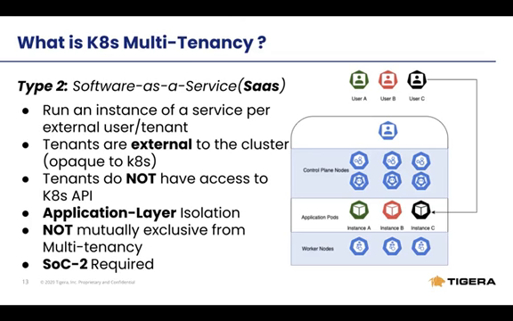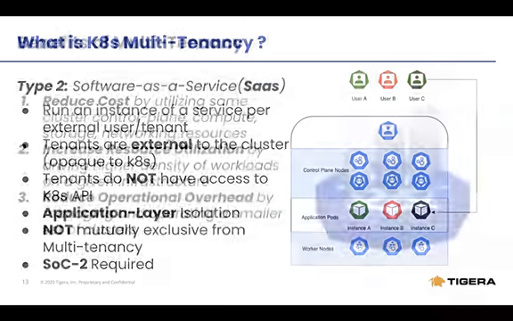And if you're in the healthcare industry, the financial industries, insurance and so forth, there's a different set of regulatory requirements to meet in addition to providing the service. So those are things to consider when you're designing your multi-tenant environment using Kubernetes. So this is the second type of multi-tenancy. Again, it's not mutually exclusive of the first type.